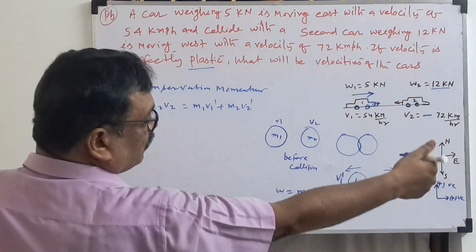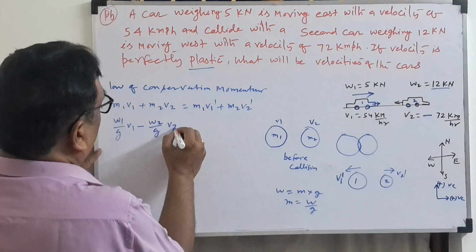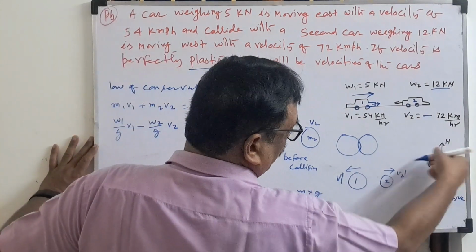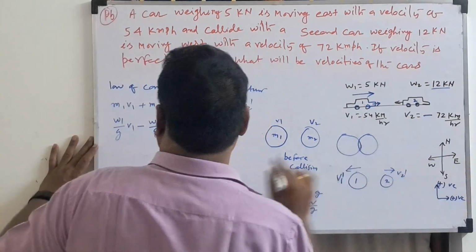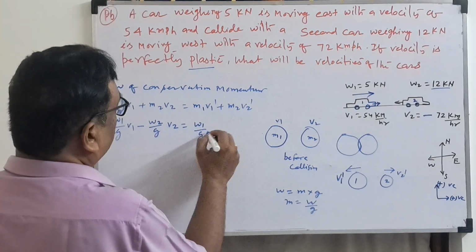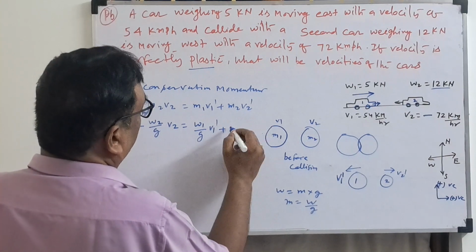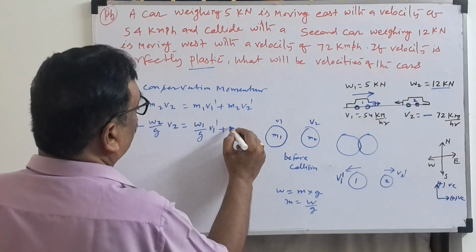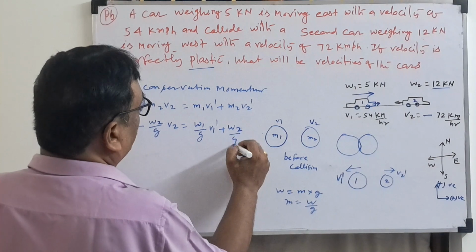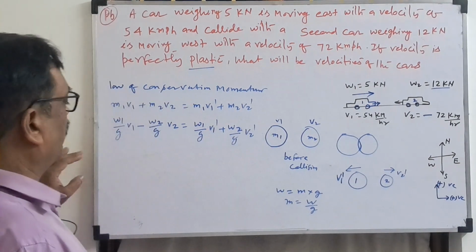Because the velocity is going towards the west. Direction towards west is negative, towards east is positive. Then after collision, w1 by g v1 dash plus w2 by g v2 dash. This is the law of conservation of momentum.